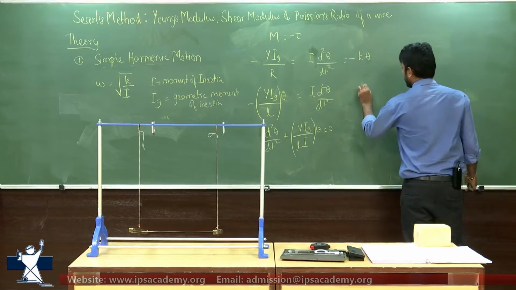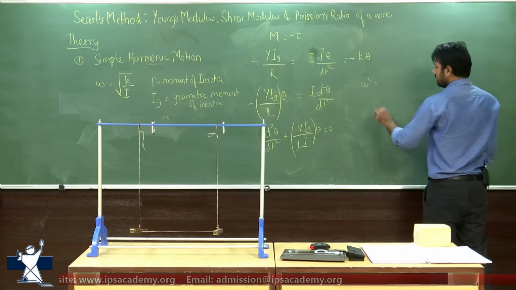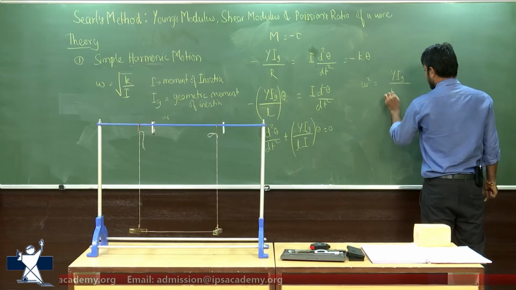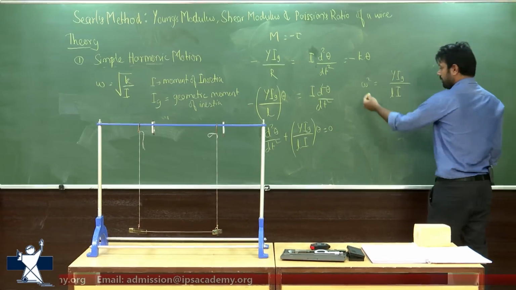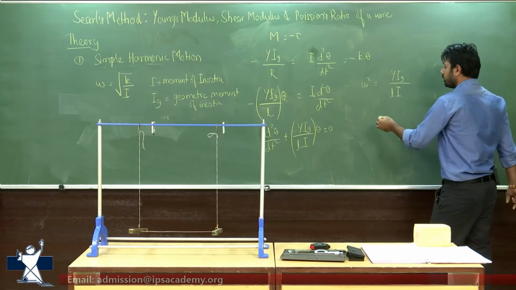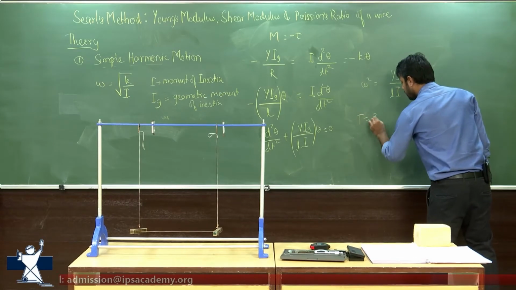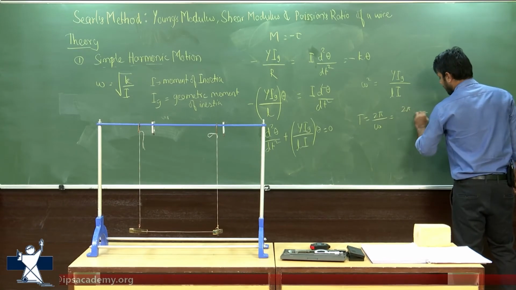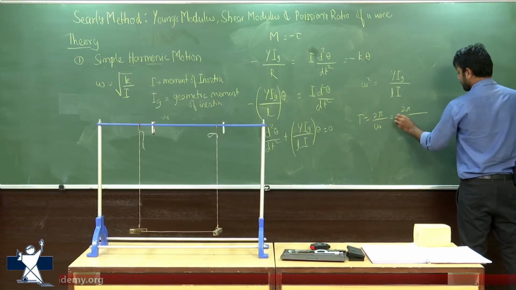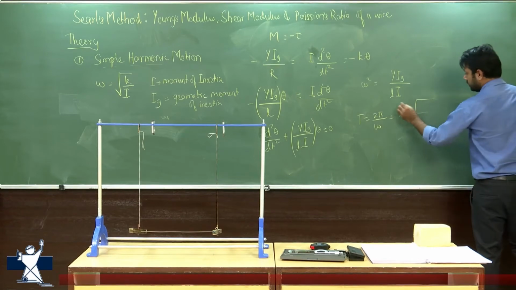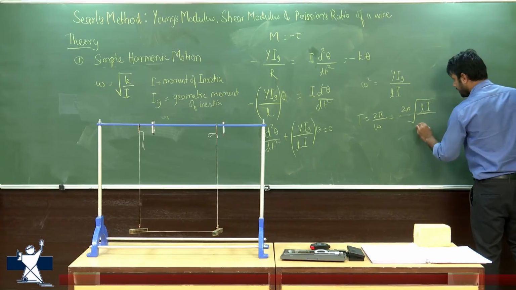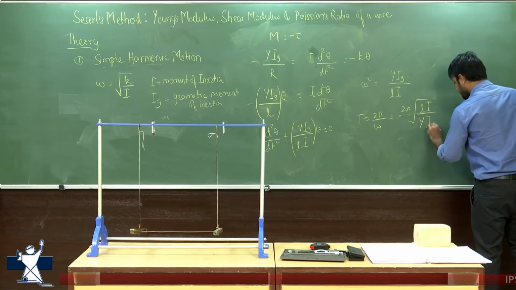So from here we get omega square equals Y Ig by L I, and from here you can relate it to time period. So time period equals 2 pi by omega equals 2 pi under root of L I by Y Ig.